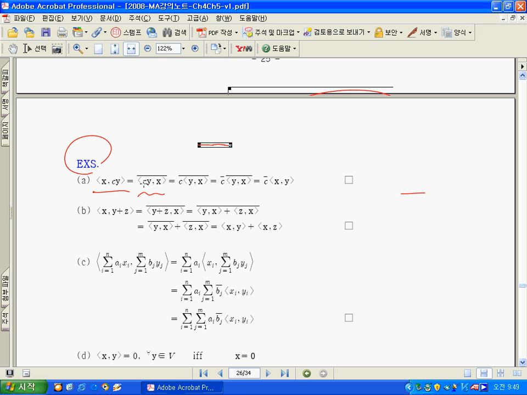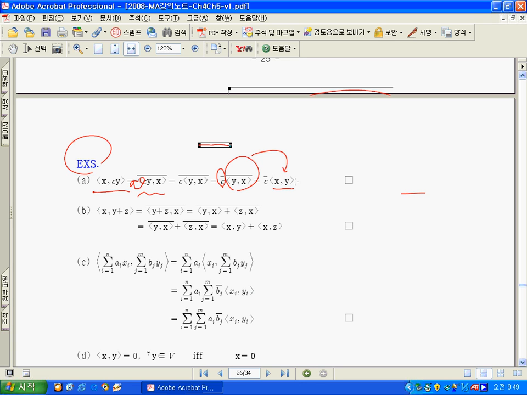The c on the first component can come out without any change, because of the conjugate, we can write it separately like this. That's the property that we had.